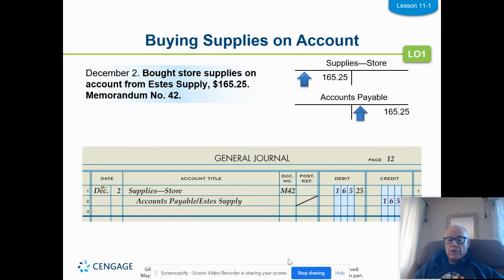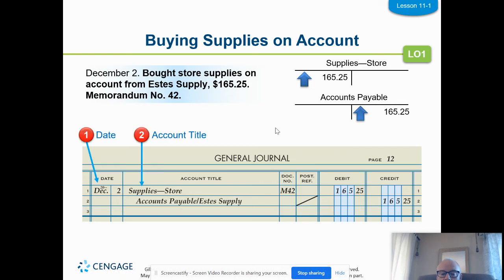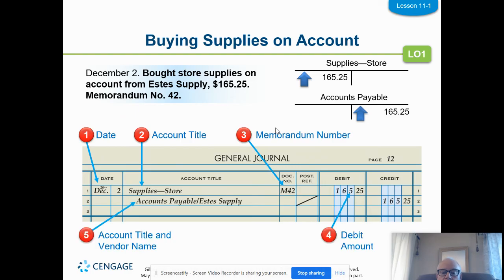So here's our general journal. Let's do a little analysis of what's going on in our general journal. We've got the date, just like we've been doing before. Debit, Memorandum 42, debit amount, the credit account title. And notice we've got accounts payable and we have SD Supply, the vendor from our accounts payable subsidiary ledger, or subledger.